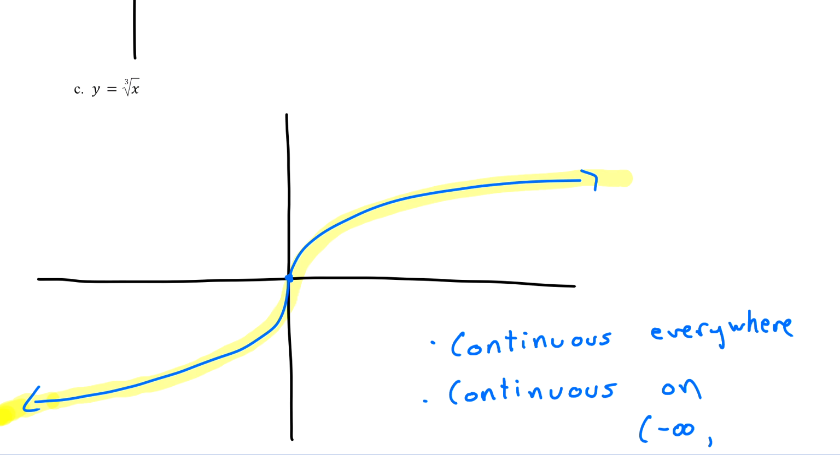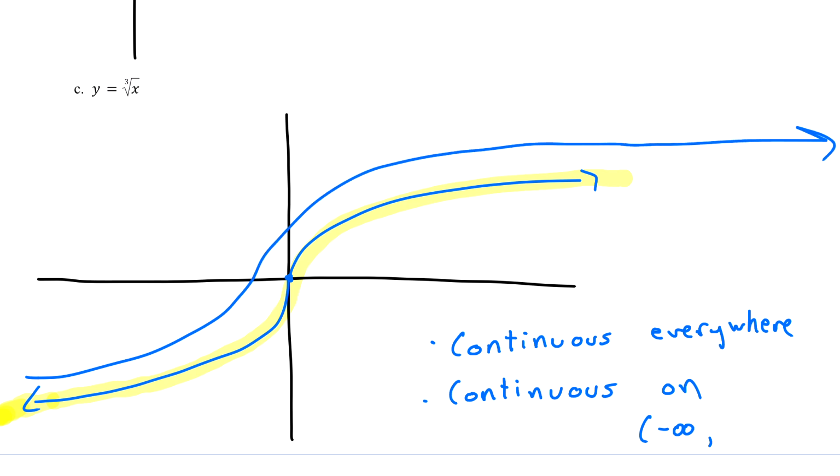And then there's no place where it stops being continuous, right? There's no point where I need to pick up my pencil from the paper. It keeps on going to the right forever and ever. So that means that my right endpoint would have to be positive infinity. So if we say that a function is continuous everywhere, another way to describe that is to say that a function is continuous from negative infinity to positive infinity.